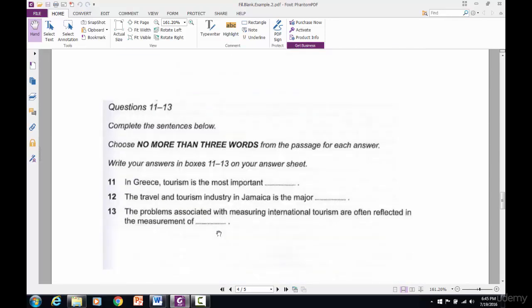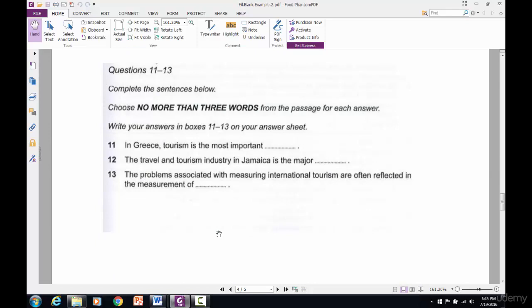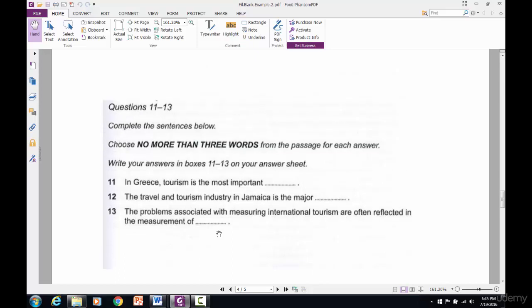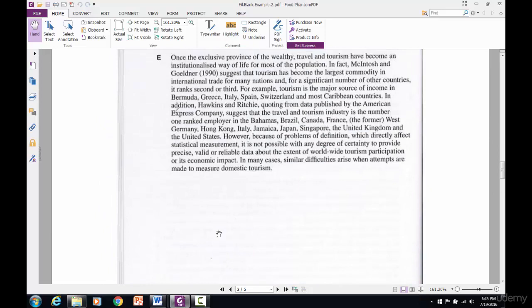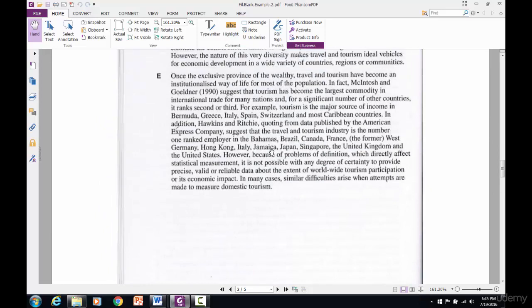All right, and now number 13. The problems associated with measuring international tourism are often reflected in the measurement of. Keywords are problems, international tourism. We know it has to come after the sentence with Jamaica because this is a fill-in-the-blank question and the questions go in order.